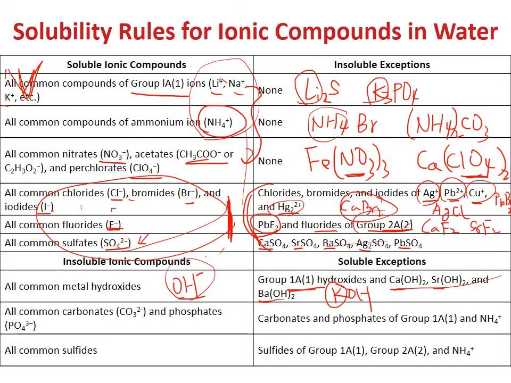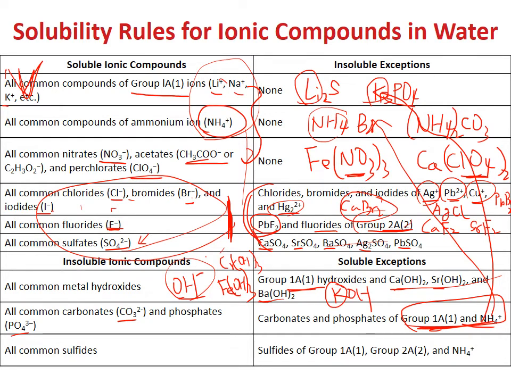For example, iron hydroxide must be insoluble. Chromium hydroxide must be insoluble. Next, any cation with carbonate or phosphate must be insoluble except group 1 and ammonium. So this is rule number 1, and rule number 2 is ammonium.